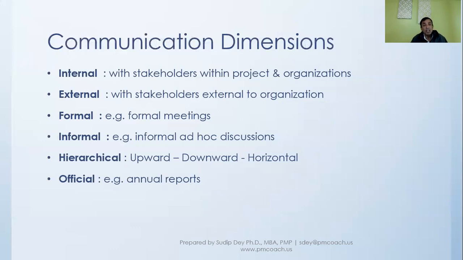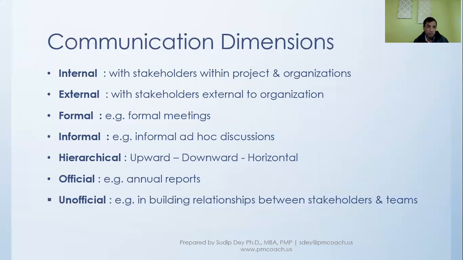Then communication can be official, like annual reports that are sent out, or reports that are sent out to the government, government agency, legal, and so on and so forth. And then at the same time, communication can be unofficial. For example, when we are having general relationship building discussions with other stakeholders or the team, that is what we mean by unofficial communication.